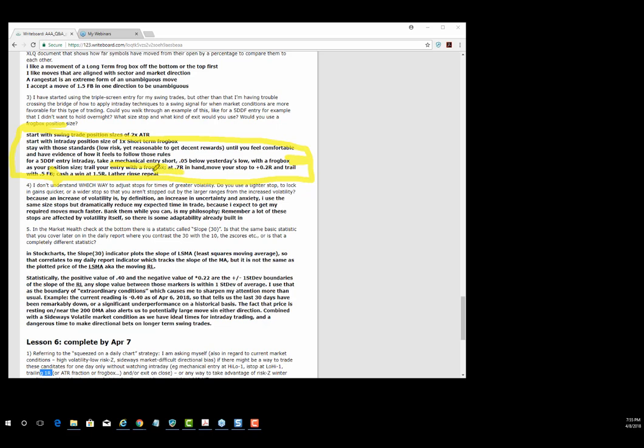Trail your entry with a frog box. When you have 0.7 R in hand, move your stop to 0.2 and then trail with half a frog box and then cash 1.5 frog box. You will really be satisfied with that rule set. I truly believe that's a good place to get started with the intraday trade.